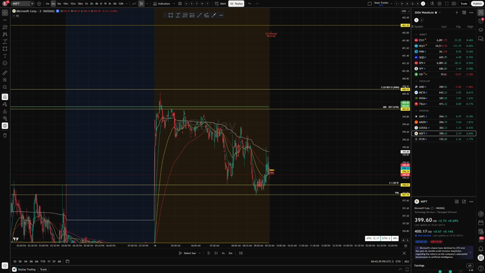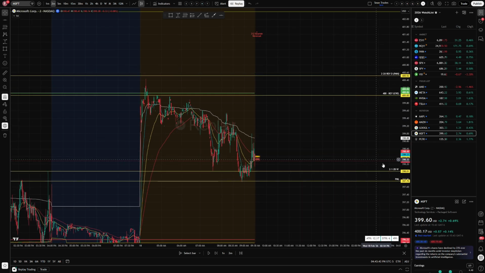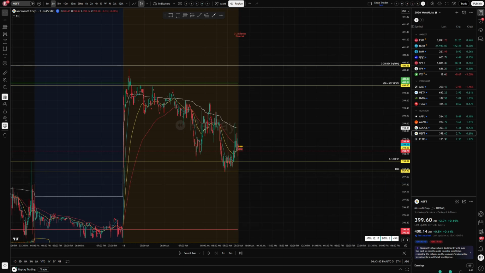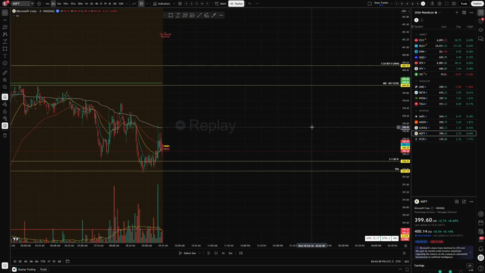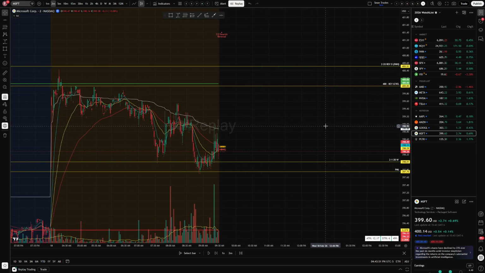Microsoft came to the 400.52 level, and the pre-market low was 397. There is a key level of 400 that I have my eyes on, which is like a magnetic level. If we're going up, my expectation is we're going to race towards that level, and I'm going to use that also as a take profit level.